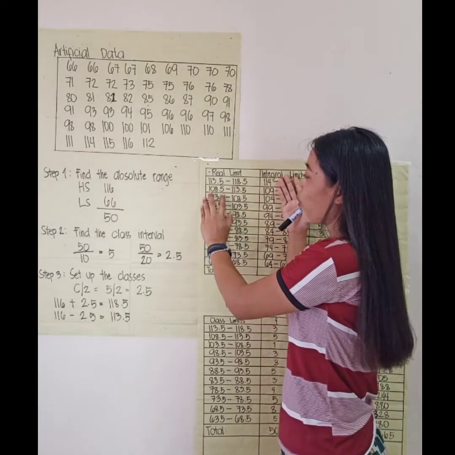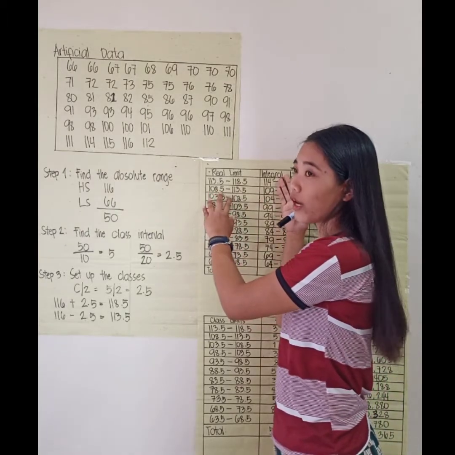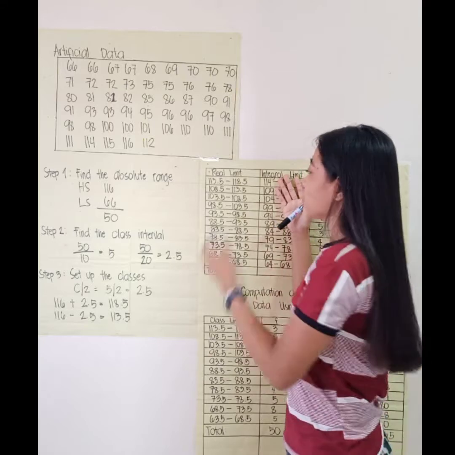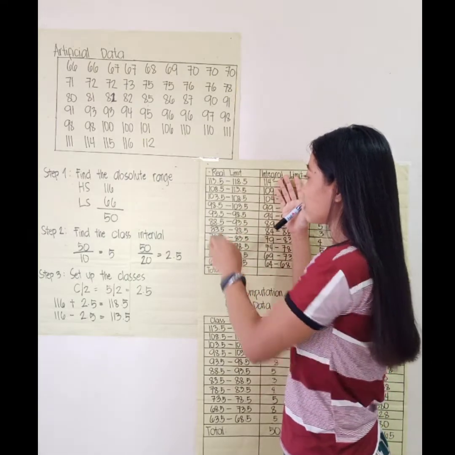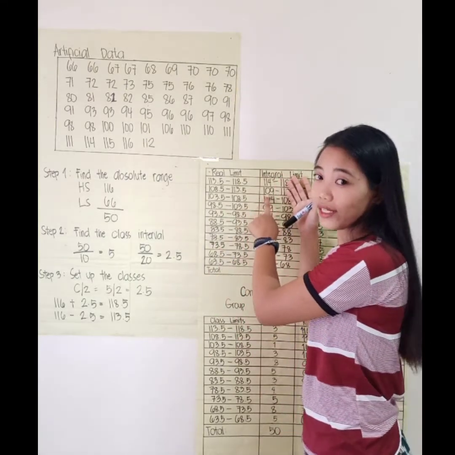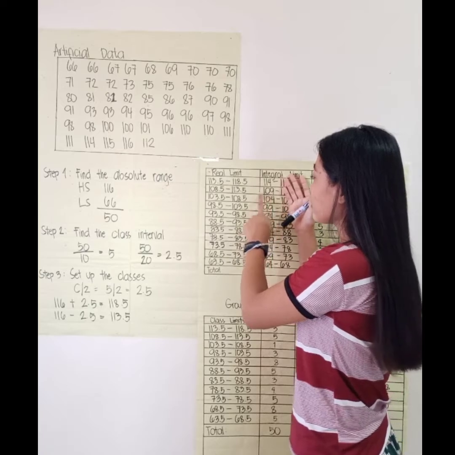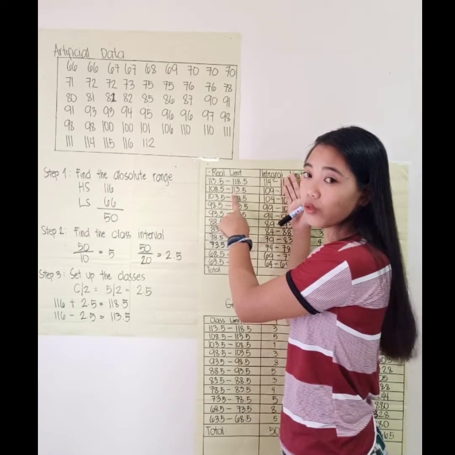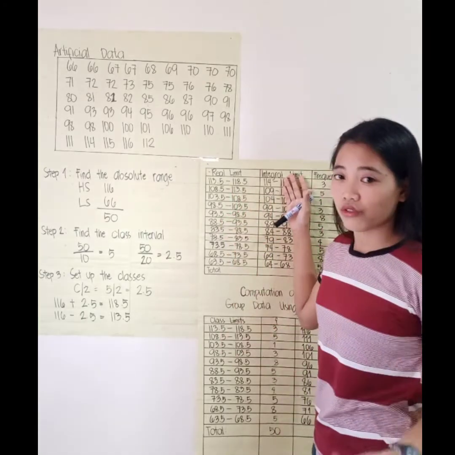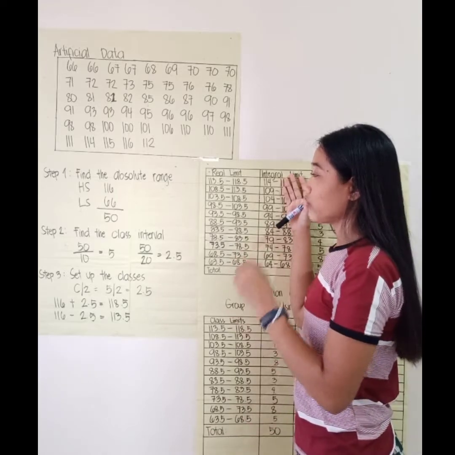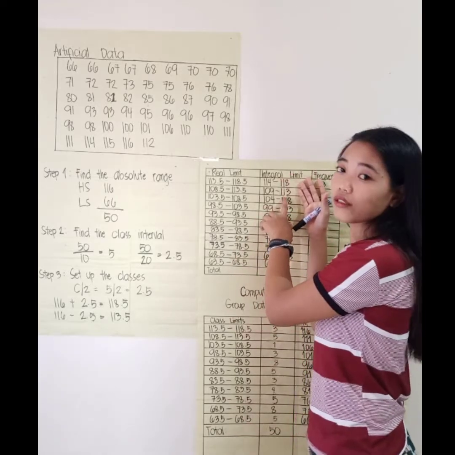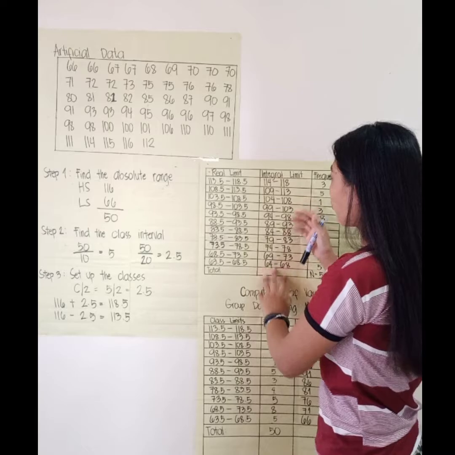Next, 108.5 plus 0.5 is equal to 109. Next, we have 113.5 minus 0.5, the result is 113, and so on and so forth.